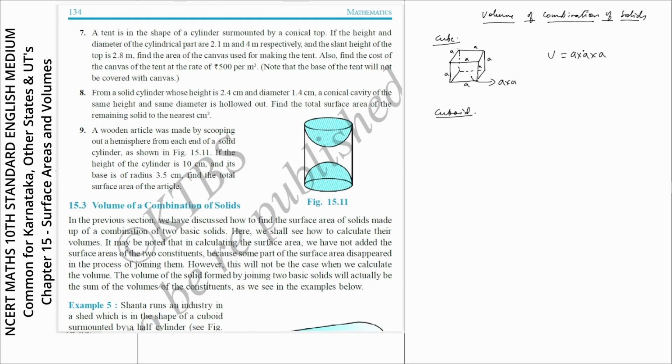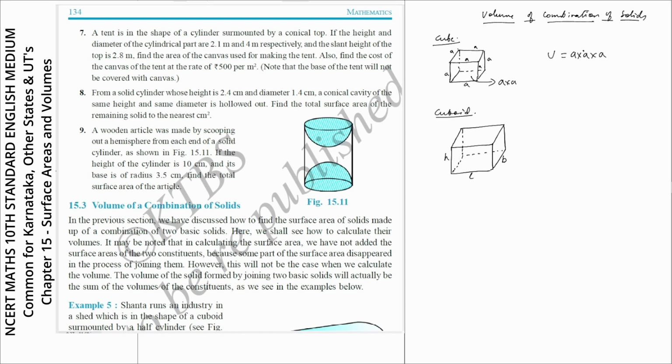Similarly, a cuboid is like this. This is the invisible edge. Here the dimensions are different: the breadth is b, this is the length, and this is the height.